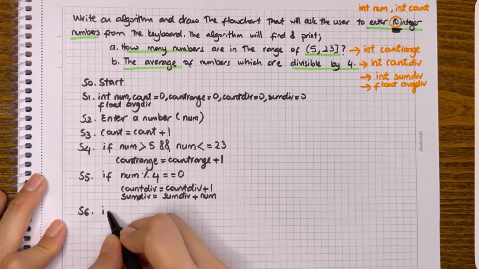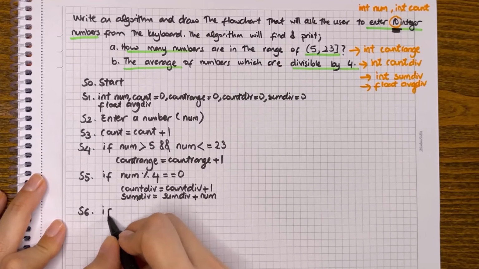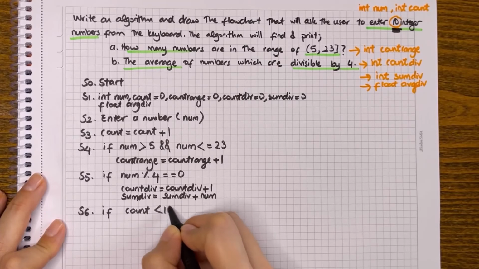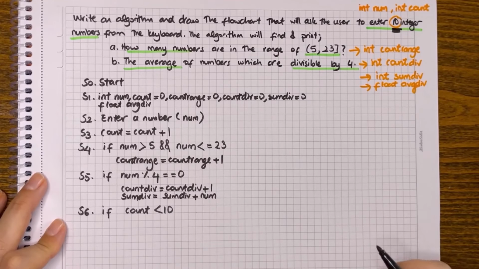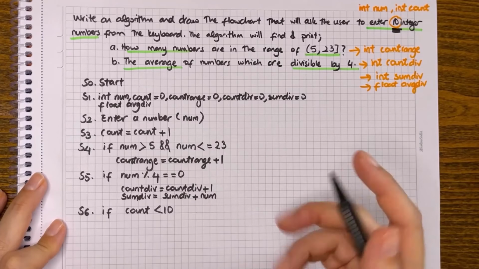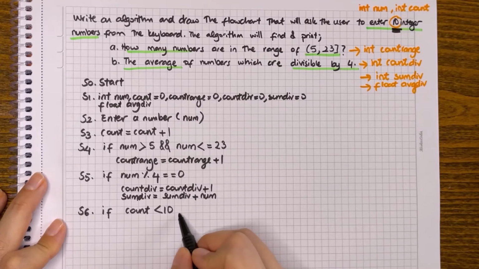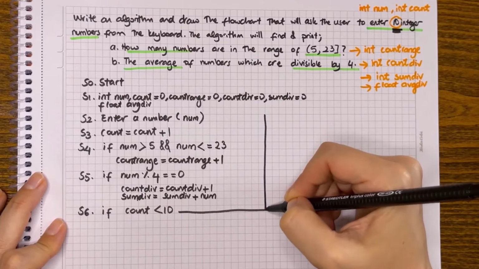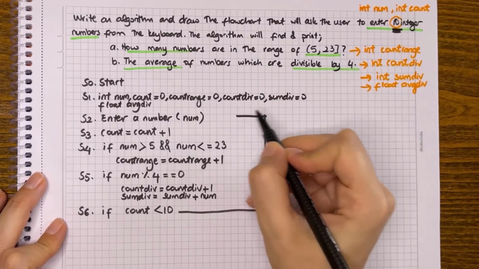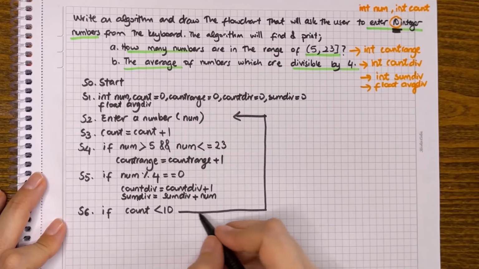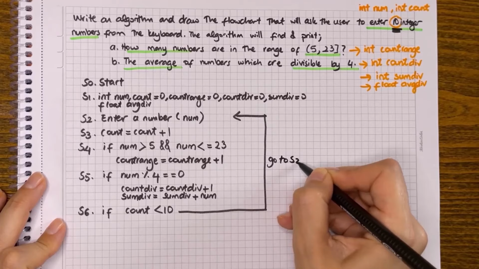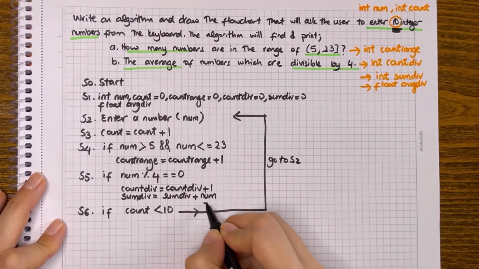If the total count is less than 10, and if it is true, if we want to enter more numbers, we simply go to the number entry phase. Where is that step? The step is here. So if this is true, I can simply say go to step number 2. All right.